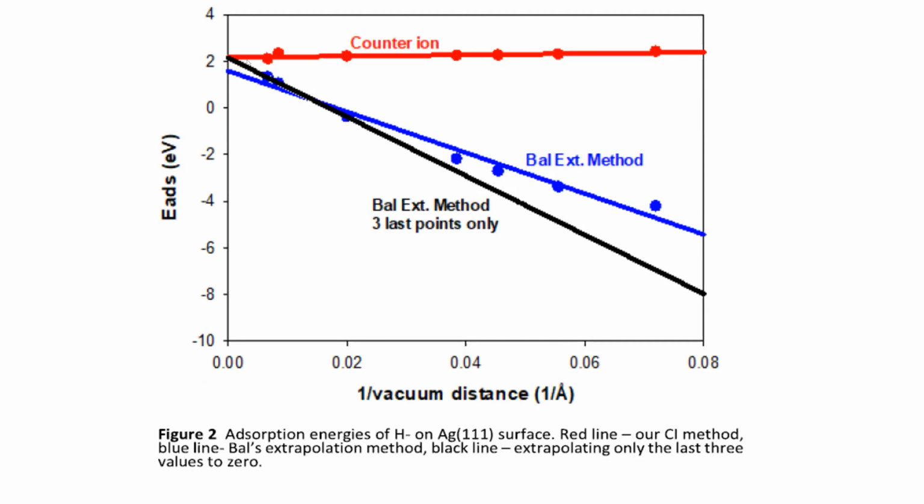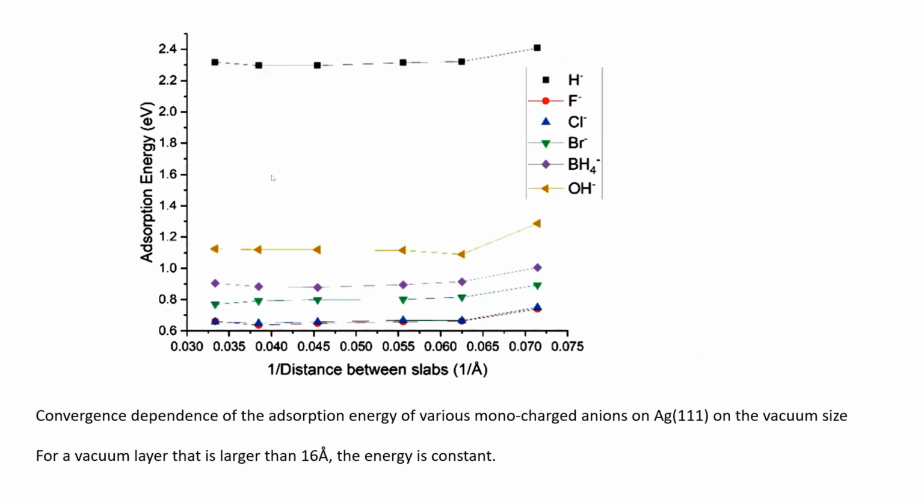As I said, it is a vacuum distance of infinity, and we get a very close value, not the same. And that is clear because everyone can see that the blue points are not lying on a straight line. So we took only the last 3 points, and we extrapolate the line that is passing through them, and then we get exactly the same value as we get with our method. So we can say that our method is good.